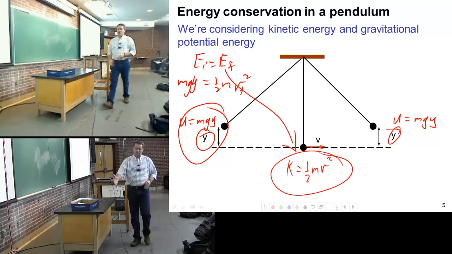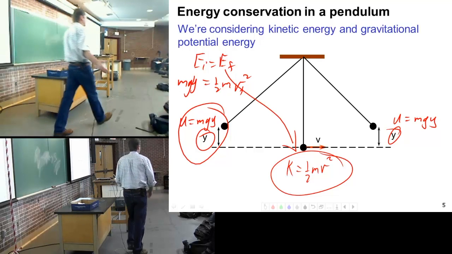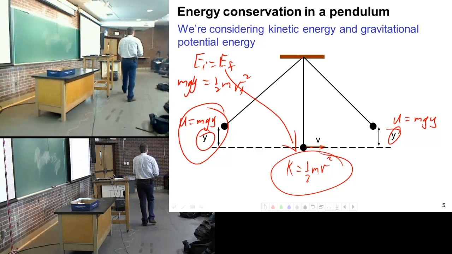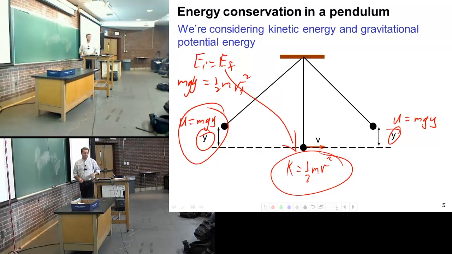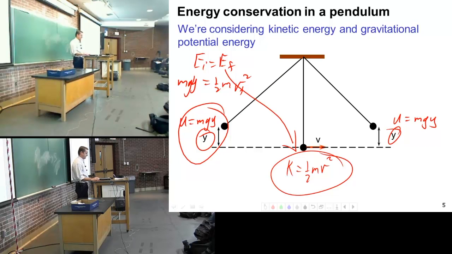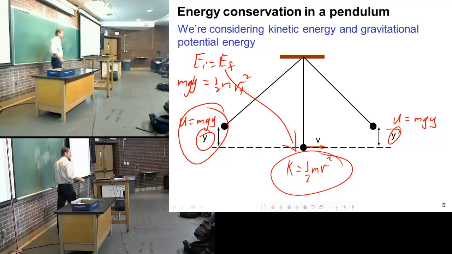So if I hooked twice as heavy a weight on this thing, the pendulum would still swing at the same rate because it's mass independent. It's the length of the pendulum that actually determines the speed at which it moves. It's time.